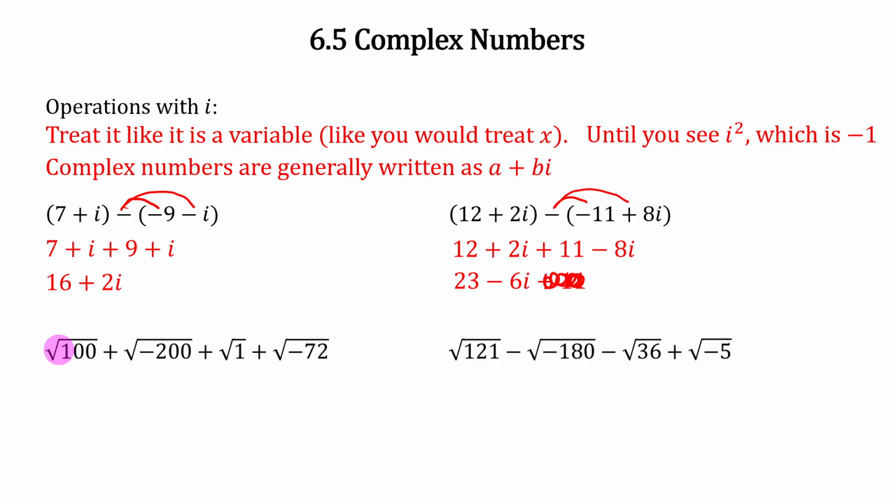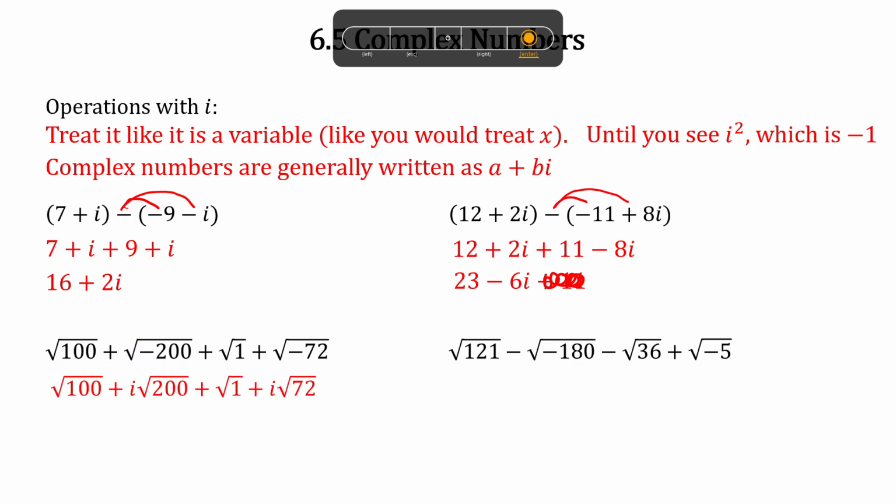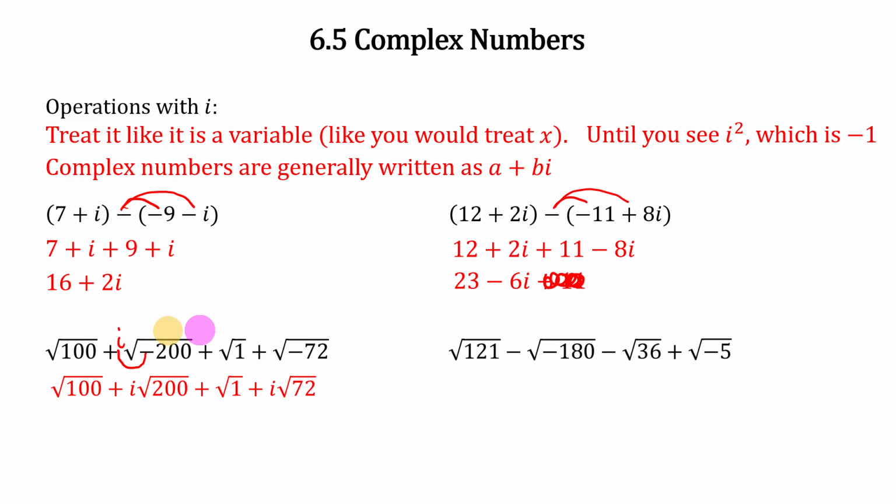So now down here, we need to simplify everything first. Everything with a negative in it, just pull it out and call it i. So this comes out and becomes i. This comes out and becomes i. Now we just deal with everything. Square root of 100 is 10. This is going to be square root 100 times square root 2.